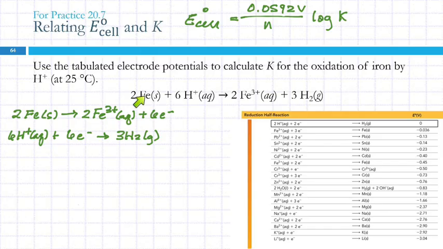I'm taking the pieces, the reactant and the product that are similar to each other, putting them in one half reaction. And then the other things are going in the other half reaction. I can figure out the number of electrons based on the charges. They're going to end up being the same number because that's what happens when you balance a redox reaction. So what is N? 6. N is 6 here.